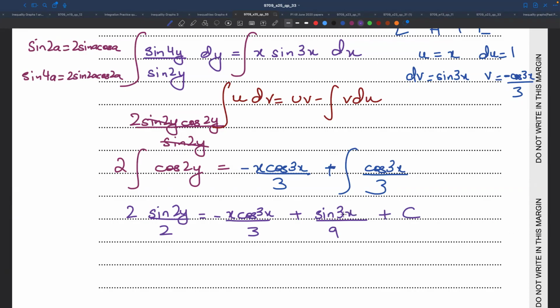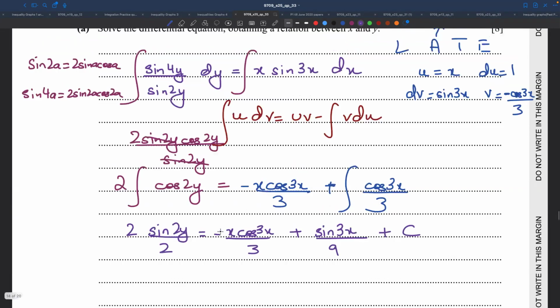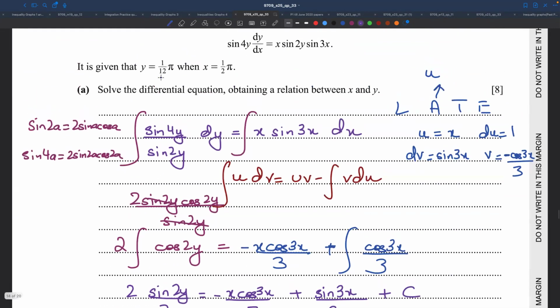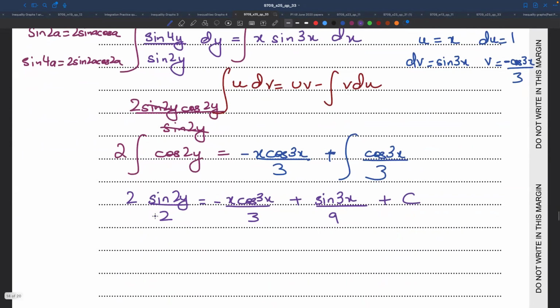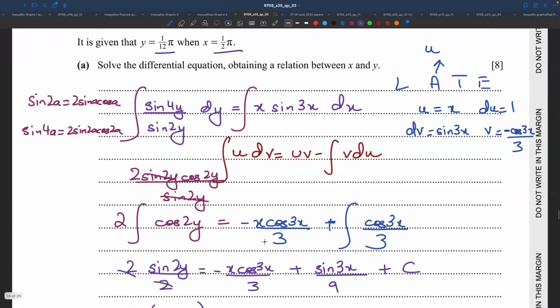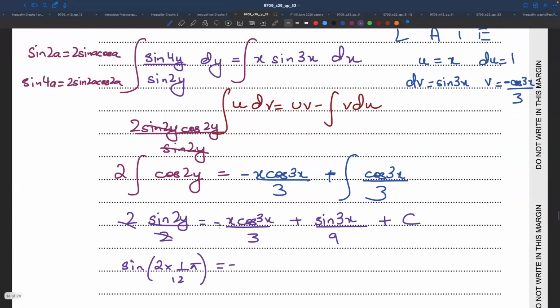Now to find the value of c, we have been given the initial conditions where y is 1 upon 12 pi and x is equal to 1 upon 2 pi. Cancel this over here. Sine of 2 times 1 upon 12 pi is equal to minus x is 1 upon 2 pi. And this minus is already over here, so be very careful. X is minus 1 upon 2 pi.